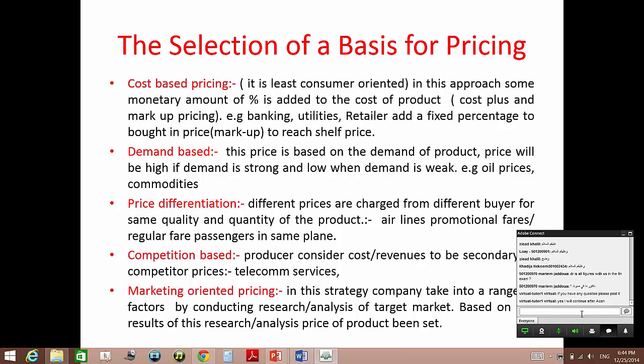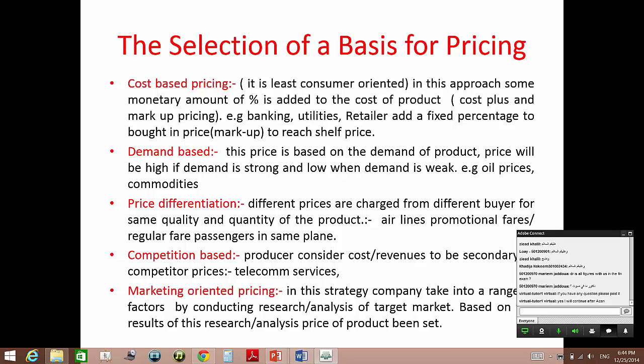The demand for any product will increase sometimes and decrease sometimes based on a lot of circumstances, for example, the environment, the season, the price of competitors. Okay, there are a lot of factors that affect the demand of the product.